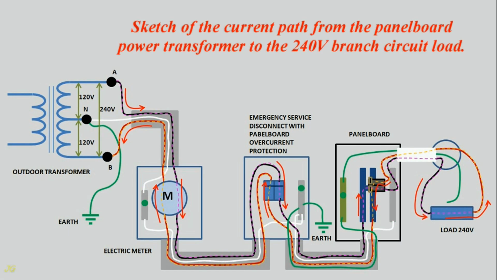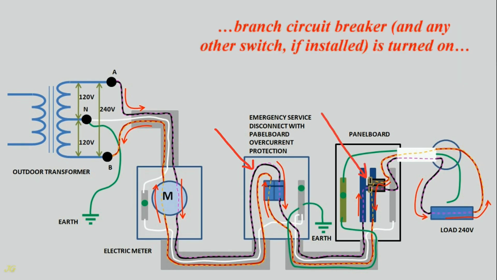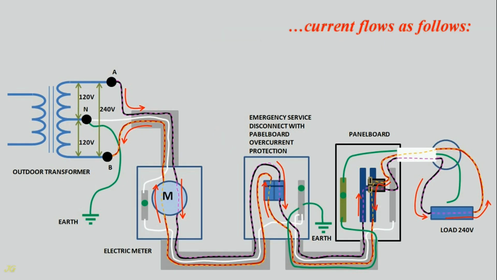Sketch of the current path from the panel board power transformer to the 240 volts branch circuit load. When the service disconnect, branch circuit breaker, and any other switch, if installed, is turned on, current flows as follows.